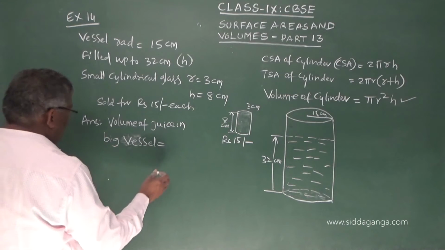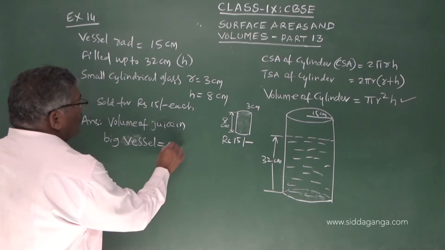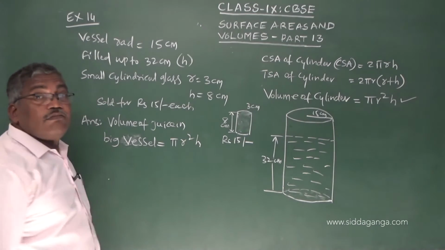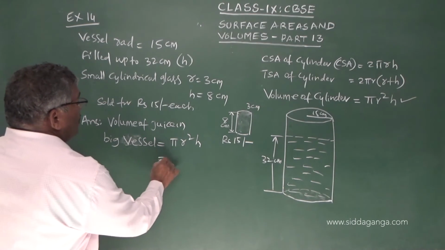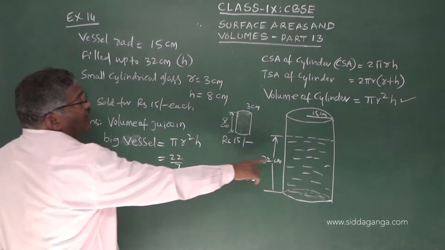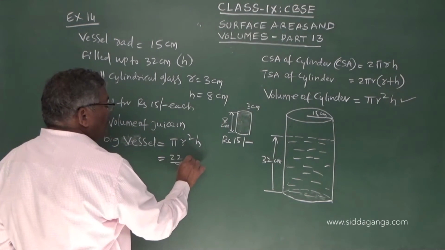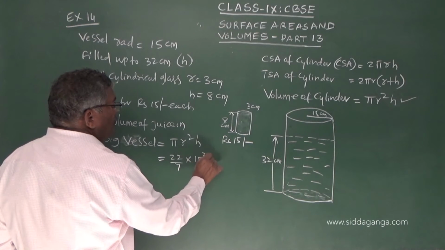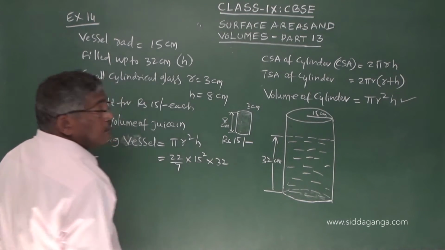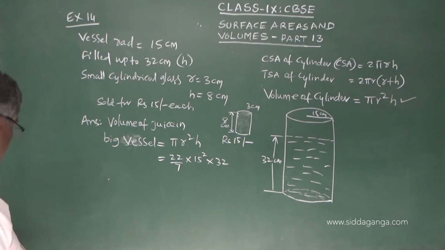Vessel. It is pi r square h. Here this is 22 by 7. R in this case is 15 centimeter. That is 15 square into h is 32.